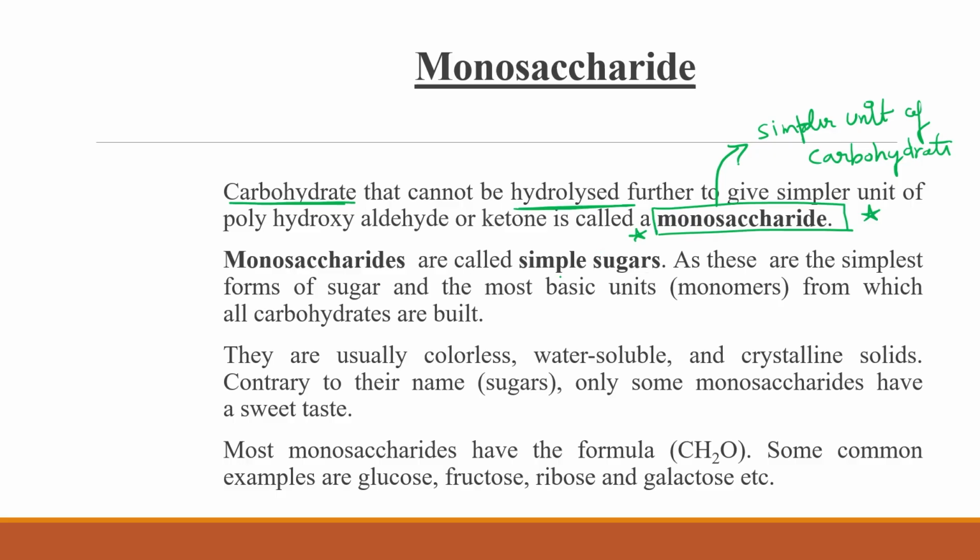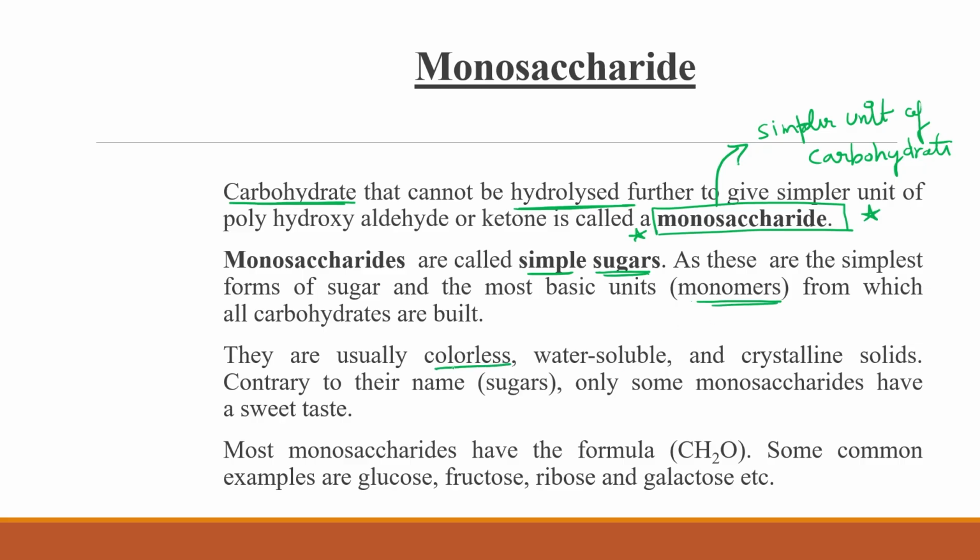Okay, we can also use the term simple sugar for them, although not all are sweet in taste. Okay, but still we use the term simple sugar for them, and these are the simplest form of sugar. Okay, and the most basic unit, or we can say simplest unit or monomer of all carbohydrates.